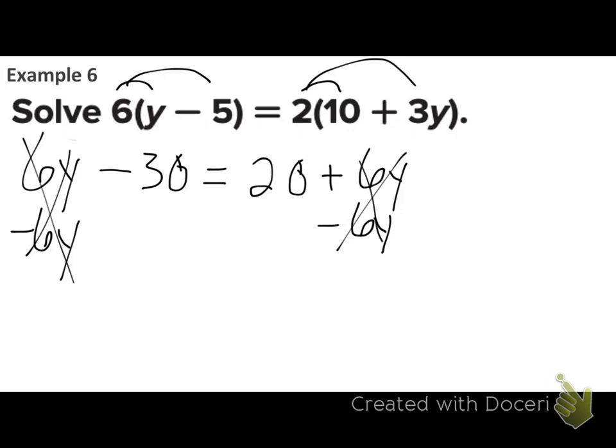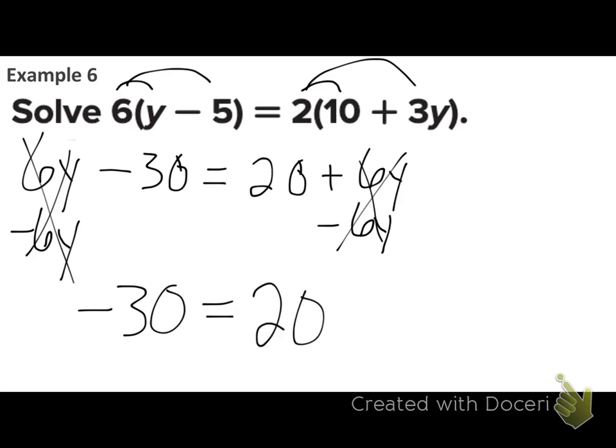So, in other words, my variables have canceled themselves completely out on both sides of the equation. Do I have any more y's? No, my y's are gone. So on the left-hand side, what am I left with? Negative 30, because my y's canceled out.